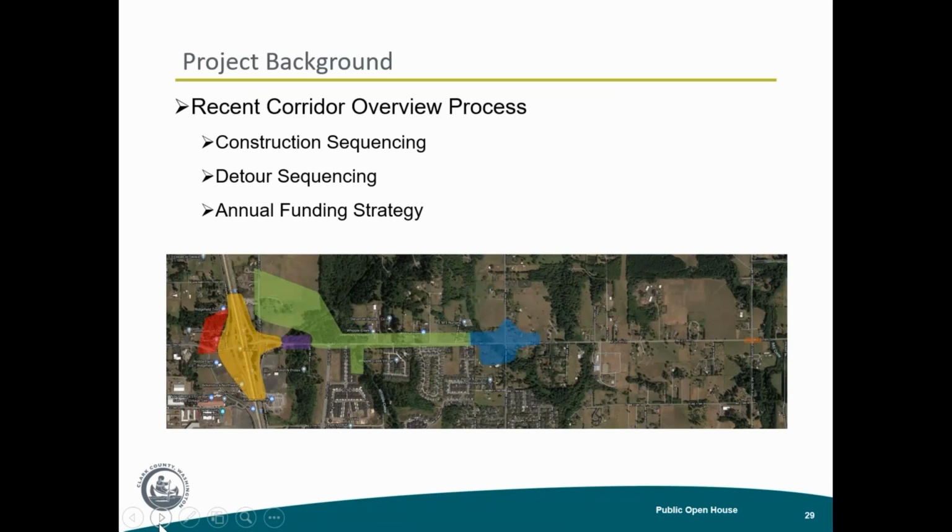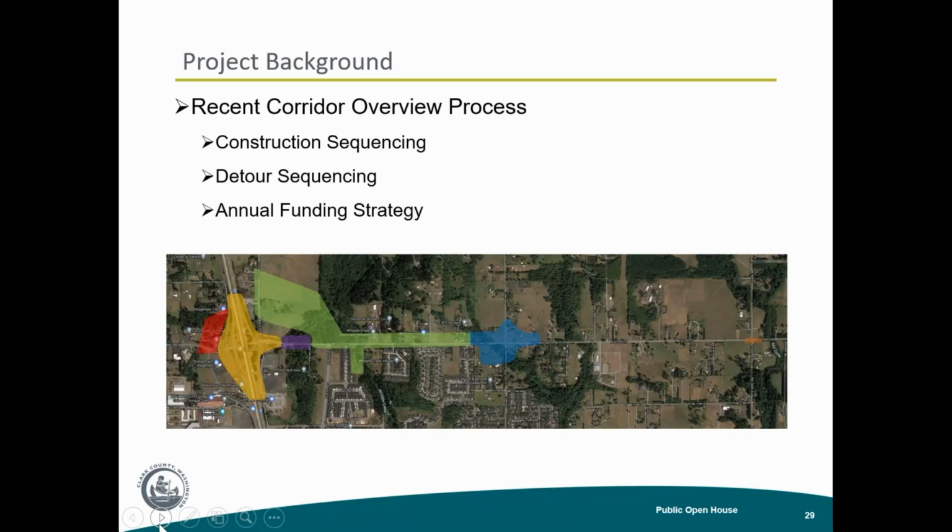That's another large reason why we're having to realign Delfell to get it out of the way, as well as while you're seeing a closure of Northeast 10th Avenue. If you come off I-5 now northbound, you know that you can go directly straight forward onto Northeast 10th Avenue, and the on-ramp is offset to the west, which again, as you increase traffic flow, is going to be a challenging situation.